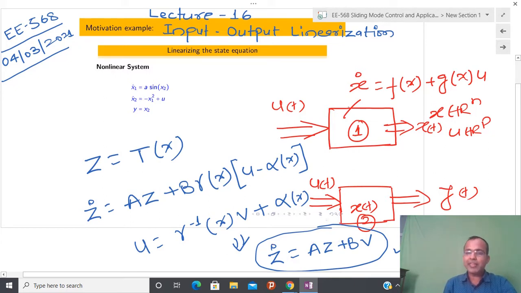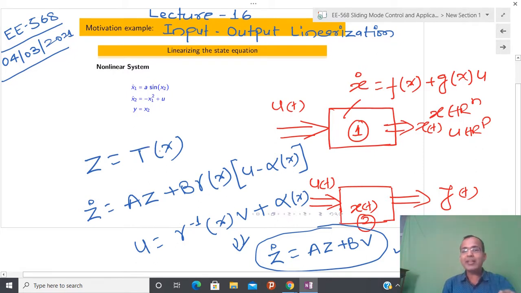So mathematically things look simple, but if you are dealing with some original problem or some practical problem, then that is a little bit involved job, not so straightforward. The first difficulty is to find the transformation, and you can see that this transformation is no longer linear, it is a non-linear, state dependent transformation.